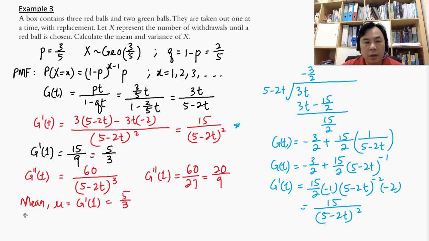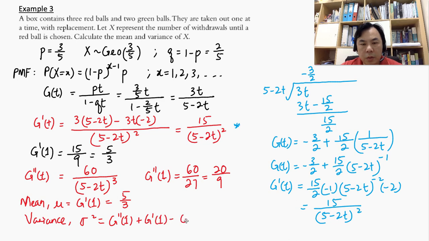We are done. And then for variance, that will be the second derivative plus the first derivative, minus the square of the first derivative.